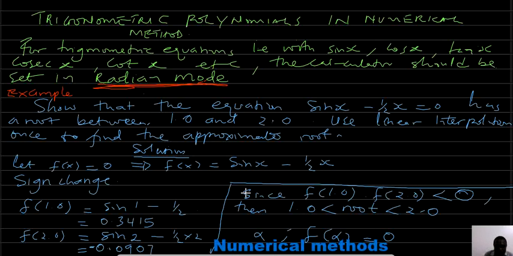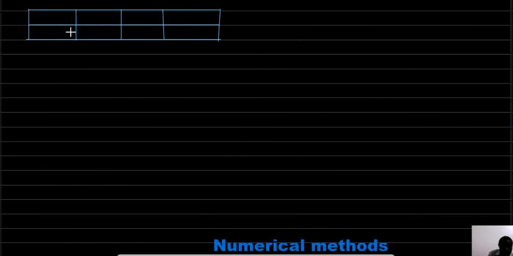Recall from your remainder theorem of paper 1. Now we are going to extract this information and put it in a table. Here I have my values of x, here I have f of x, here I have 1.0, alpha, and 2.0. For 2.0, the value there is negative 0.0907. For alpha, we shall have 0.